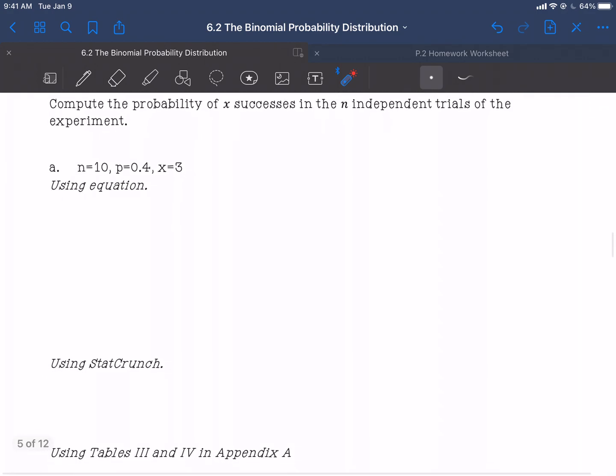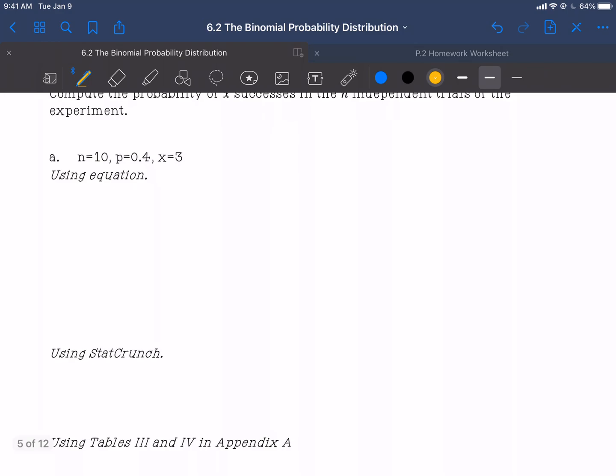If we're using our formula here, when x is equal to 3, we're finding the probability that little x is equal to 3. That's what we're calculating. So by hand, we're going to do 10 choose 3 times the probability of success, which is 0.4, raised to the number of successes, which is 3, times the probability of failure, 1 minus the probability of success.